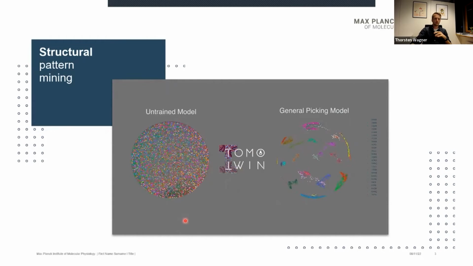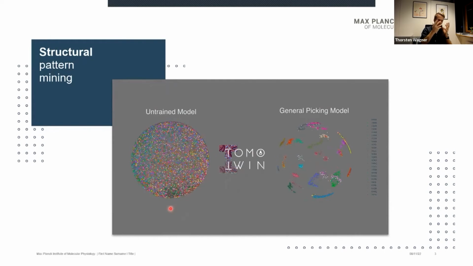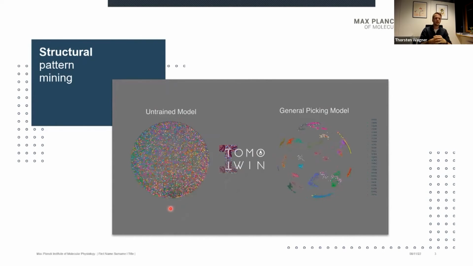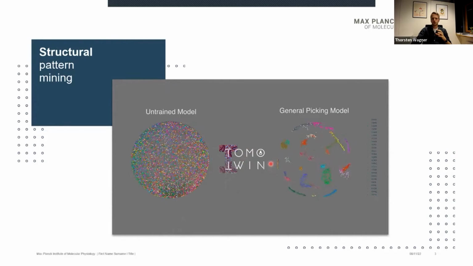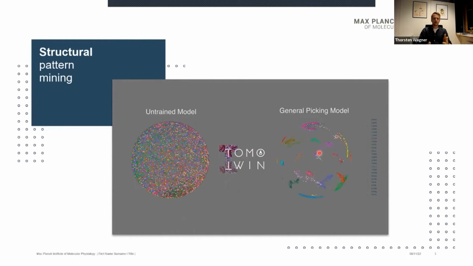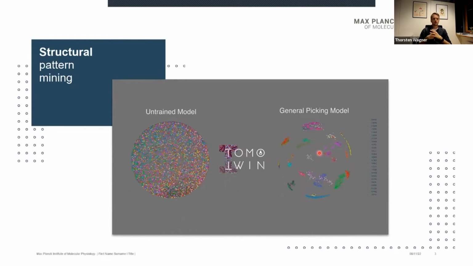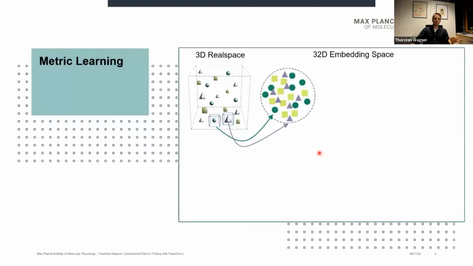The left sphere is the embedding of a tomogram with a mostly or completely untrained model, and the right one shows an embedding that we get when we apply our general picking model. And to generate this general picking model, we applied metric learning.